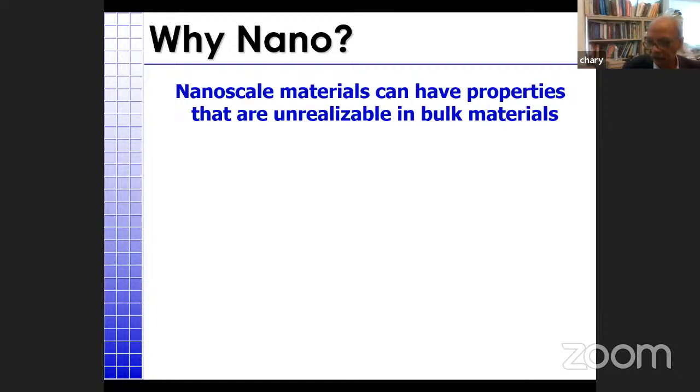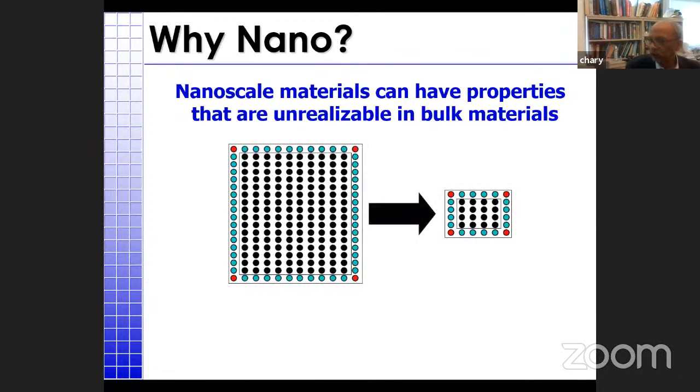So any material, at least in one dimension, if it is less than 100 nanometers, so this is very important, at least in one dimension, if it is less than 100 nanometers, then I can safely call that a nanoscale material. And when you bring the materials to this scale, they have properties completely unpredictable. So I'll tell you why it is so unpredictable in a minute.